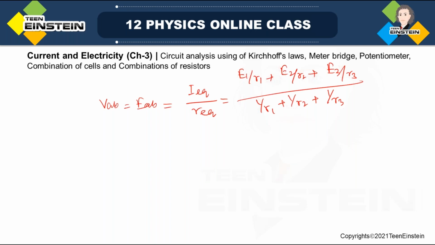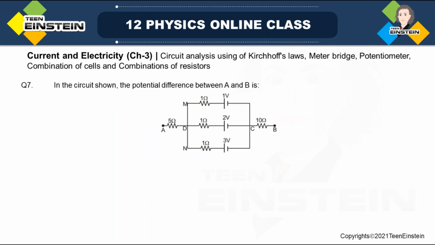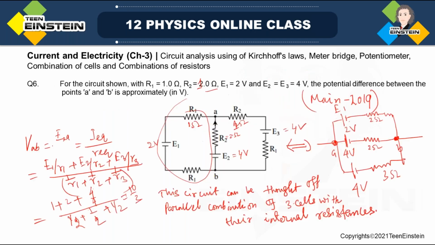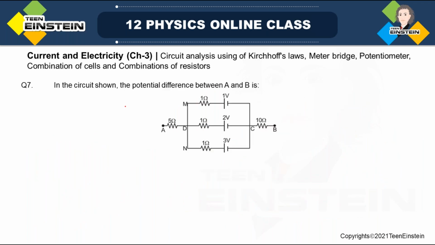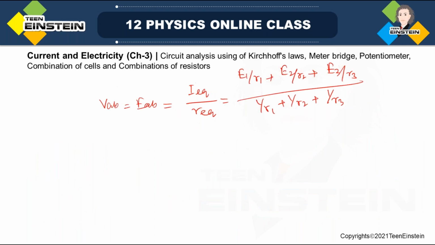So this equivalent circuit, as I showed you, can be thought of as 3. This is also 2 ohm. This is also 2 ohm. Okay, this is also 2 ohm. So all the batteries have internal resistance 2 ohm. So that's why we had to do this.